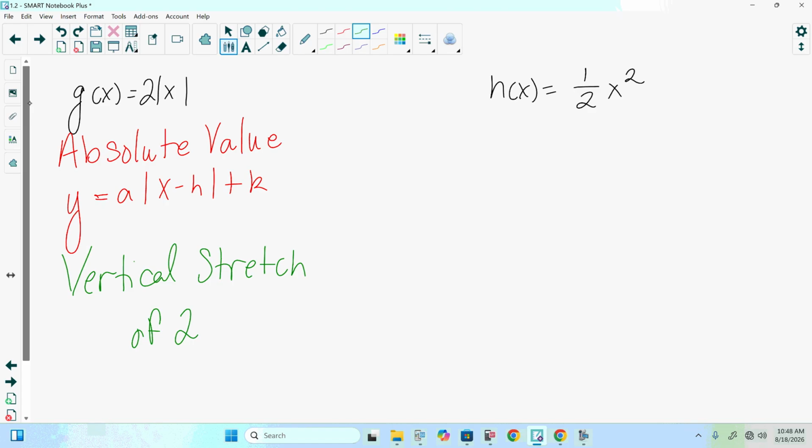Questions on this here? Let's look at the second one up here. h of x equals 1/2 x squared. What would the parent function be? Quadratic. So we'd have y equals a times parentheses x minus h squared plus k.